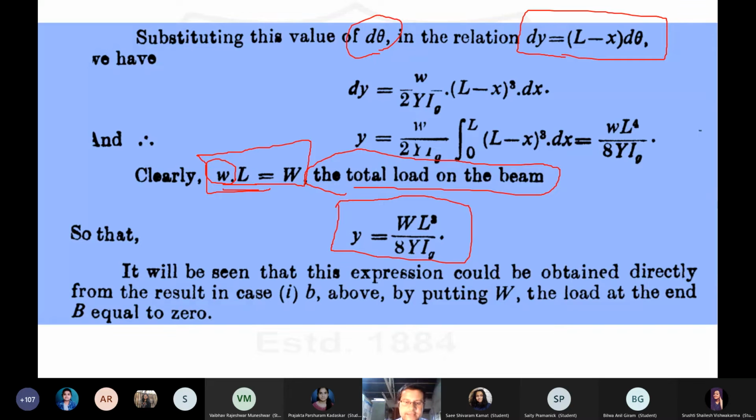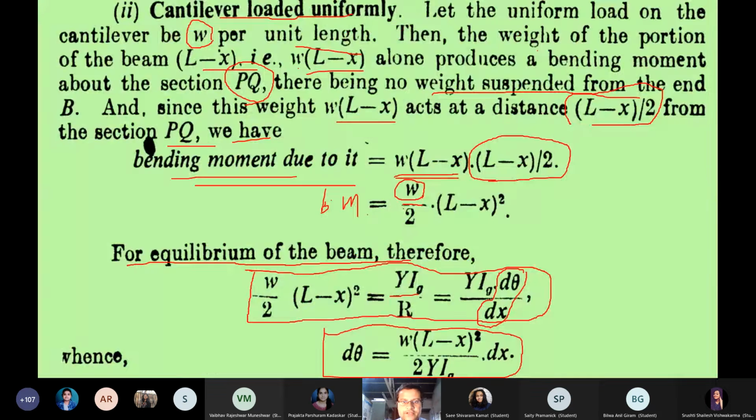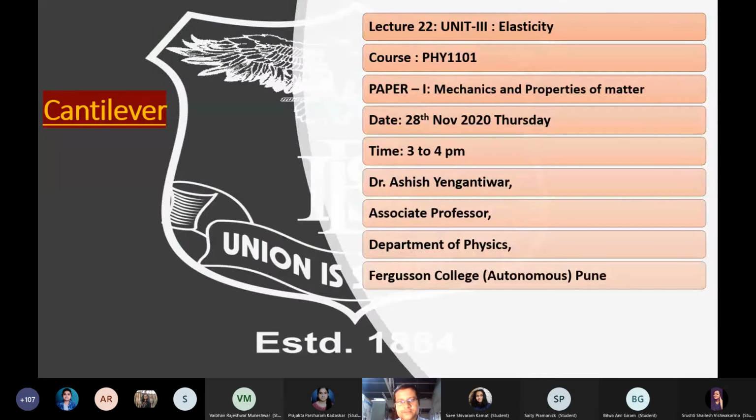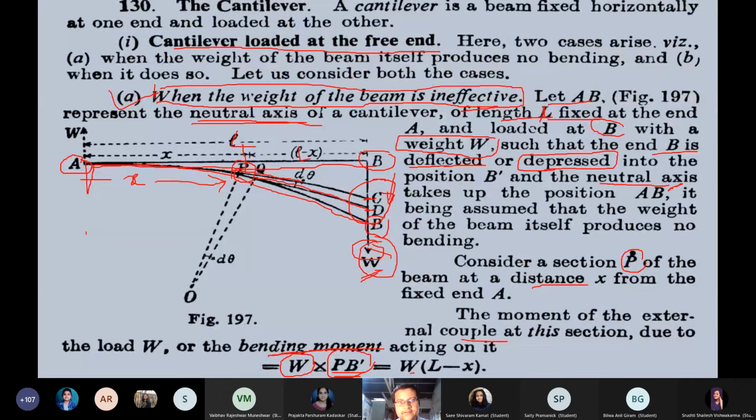Okay. So these are the three expressions we discussed today. Again I am taking a revision so you will understand what we discussed today. In the cantilever, we define a cantilever as a beam which is fixed horizontally at one end and is loaded at the other end. So when it is loaded at the other end, does its own weight matter or not?